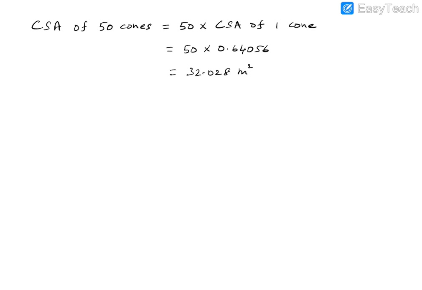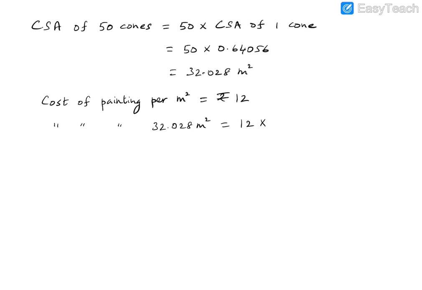Next, we know the cost of painting per meter square that is given in the question. The cost of painting per meter square is rupees 12. So the cost of painting 32.028 meter square equals, we just have to multiply the cost per meter square with the total area, which is 32.028.